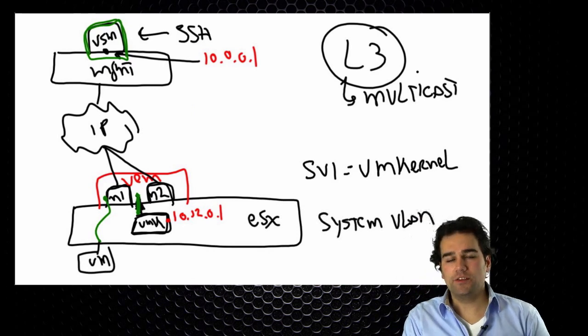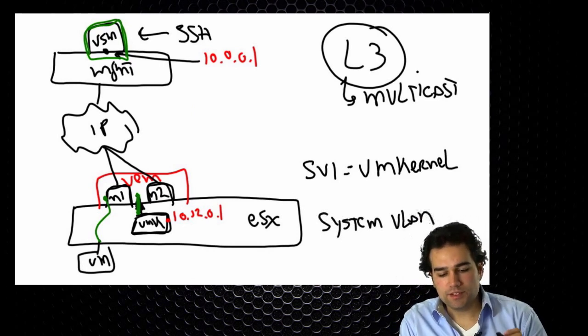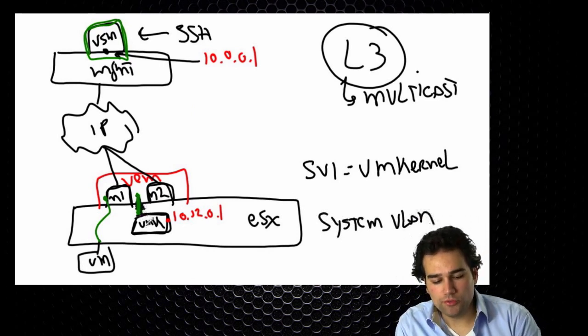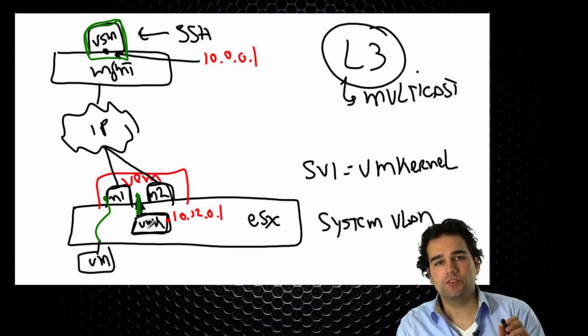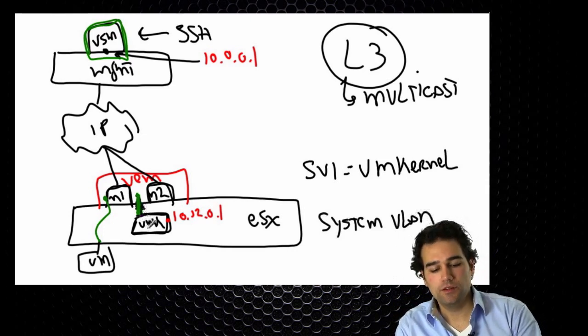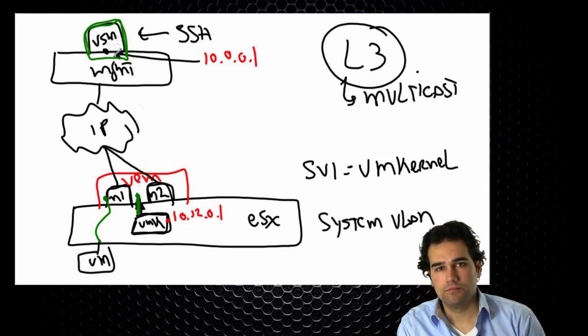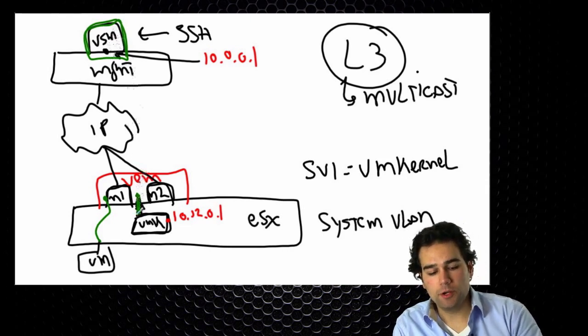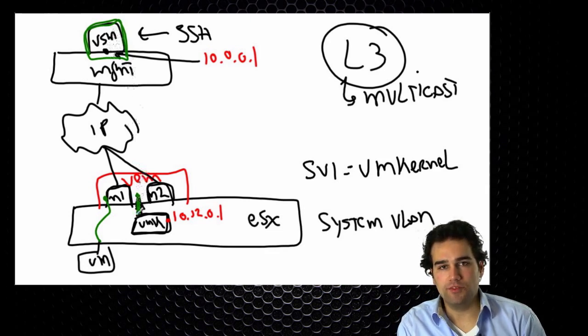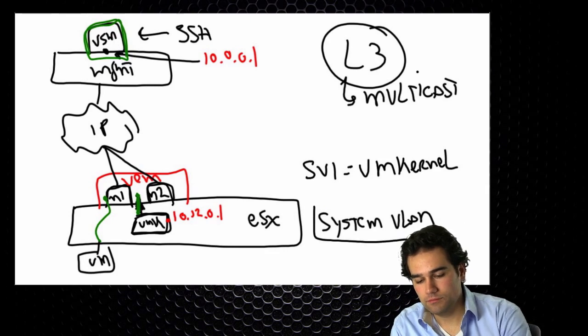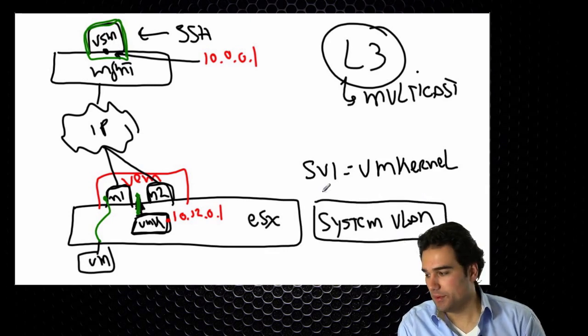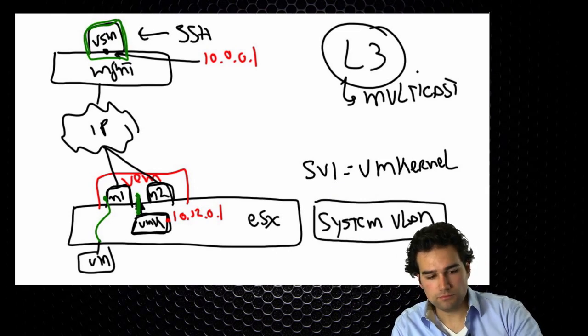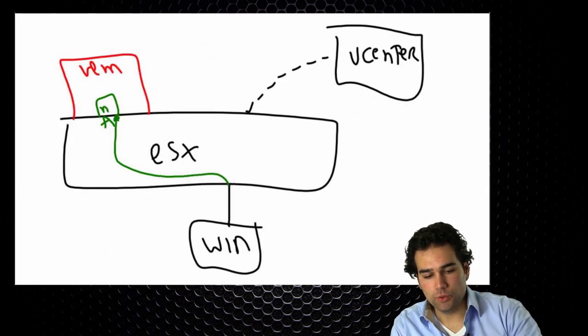The system VLAN command is configured on all the profiles that are related to bringing up communication between the VEM and the VSM. I need to bring up that connection between the VSM and the VEM to make sure that my connection is established. So how does that work?